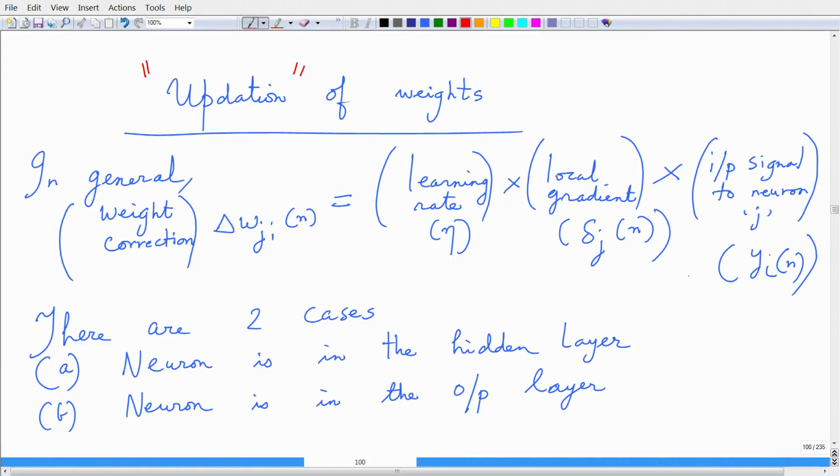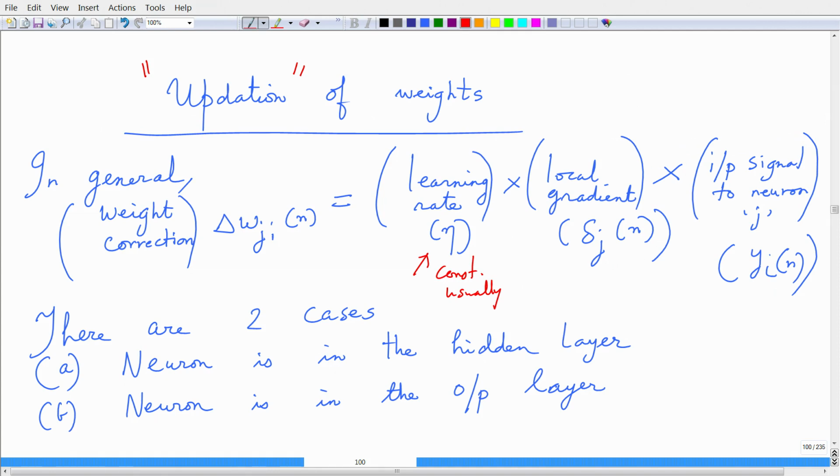The general rule is the weight correction is proportional to the local gradient times the input signal to that particular neuron. If you go through the math, the proportionality is replaced by an equality with some constant term, which is the learning rate, times the local gradient delta j of n times yi of n.